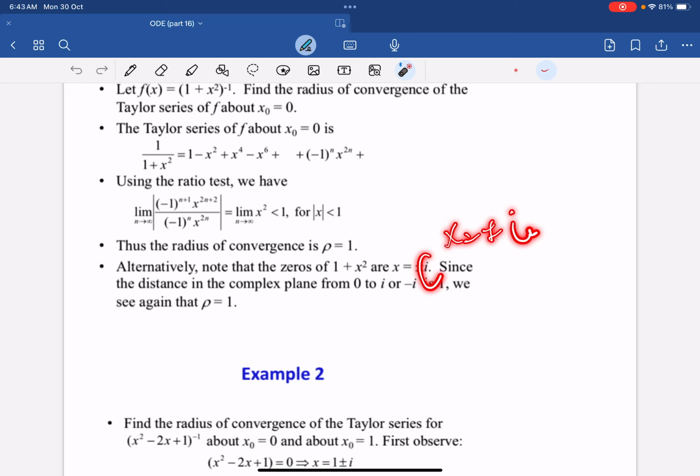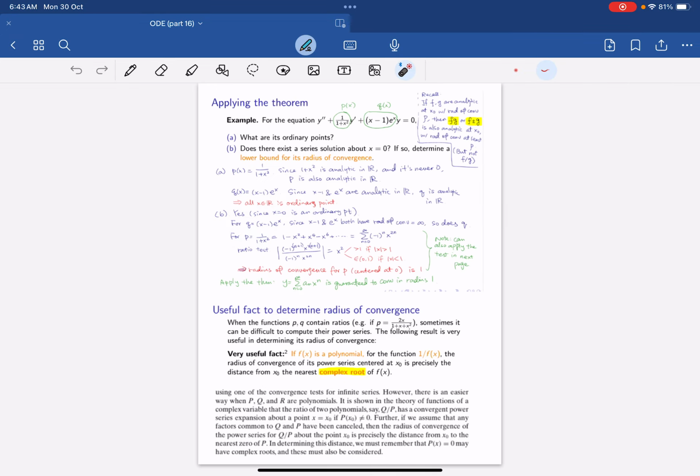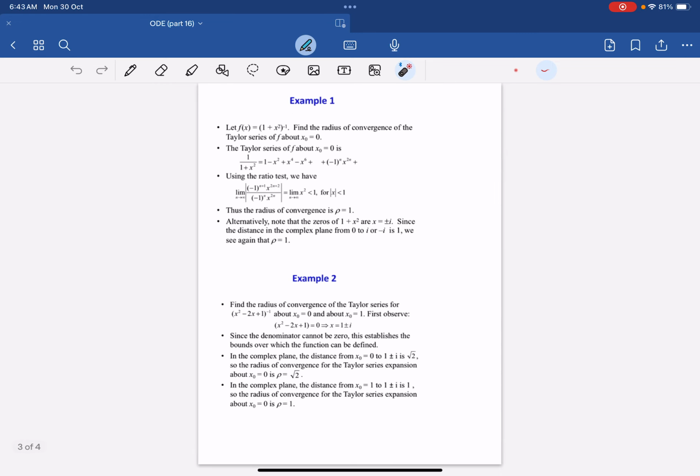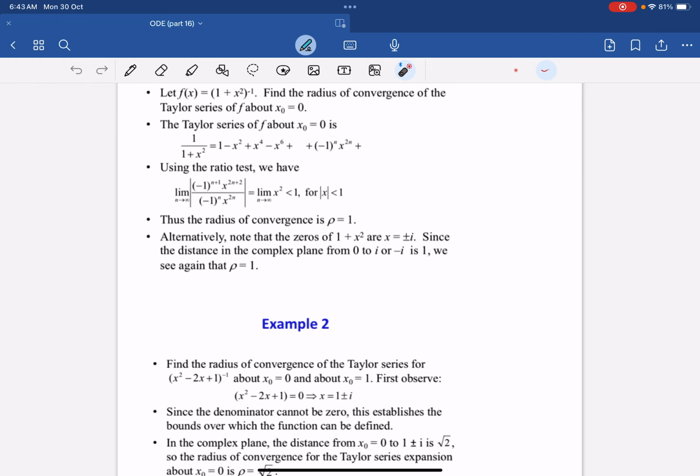And the distance of plus or minus i to 0 is 1. Hence, the radius of convergence is 1. You can see how this is a very useful theorem for finding the radius of convergence for 1 over a polynomial.